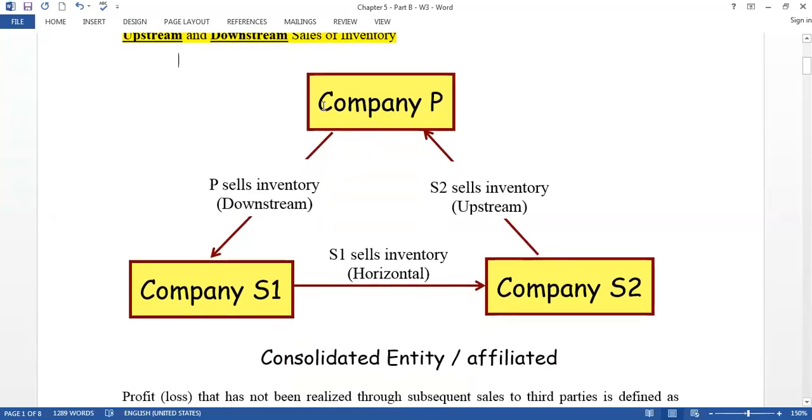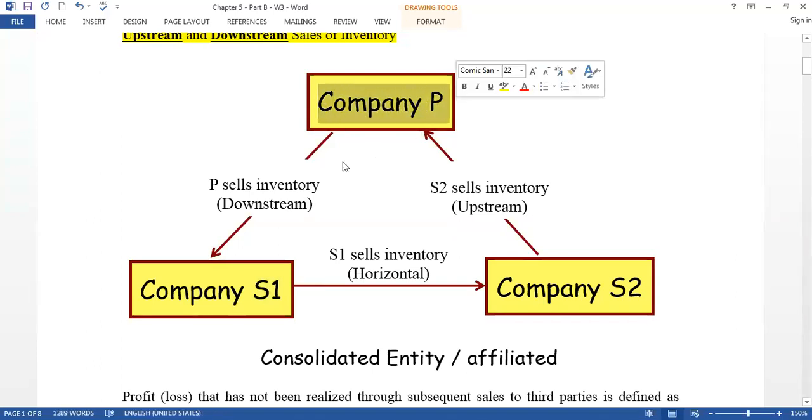Here we have the parent company, subsidiary company 1 and subsidiary company 2. Subsidiaries S1 and S2 are like brother and sister, and P is the parent. When the parent company sells inventory to a subsidiary, it is called downstream.